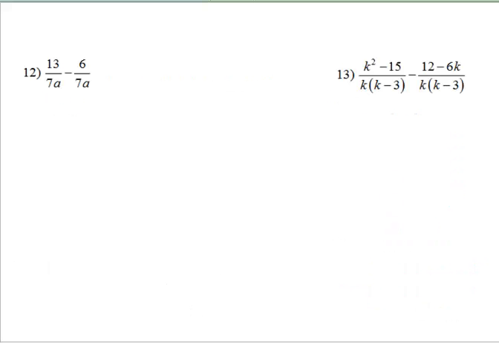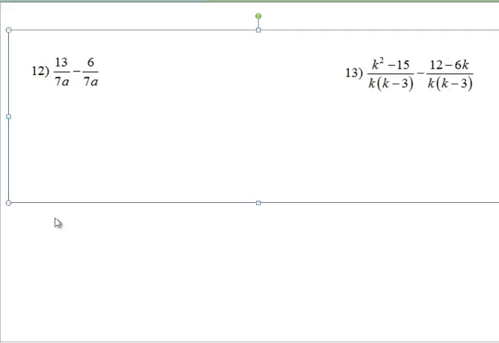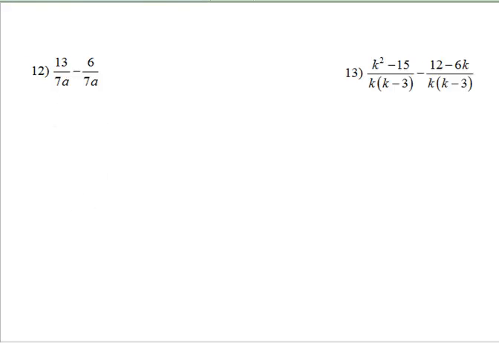Meanwhile, I'll move on. Here again, I have two identical denominators. It's 7a across. So 7a is the answer. Up on top I have 13 minus 6 is 7. Now, for those of you who've been eager to do some canceling, this is your big chance, because this numerator is the same as 7 times 1.